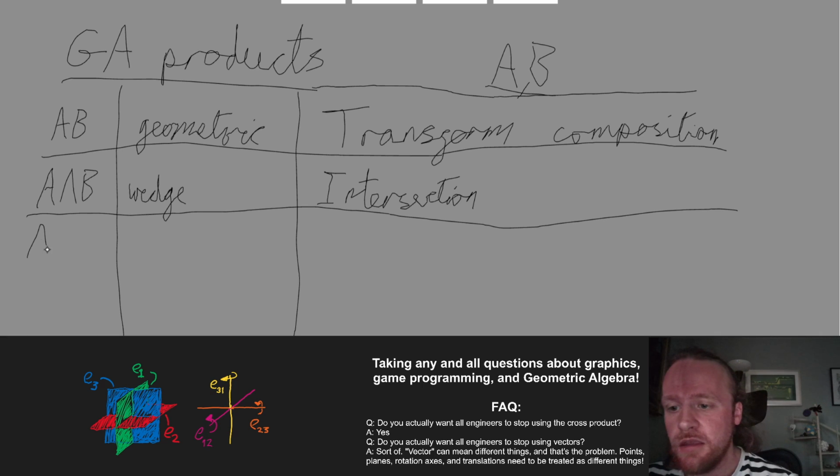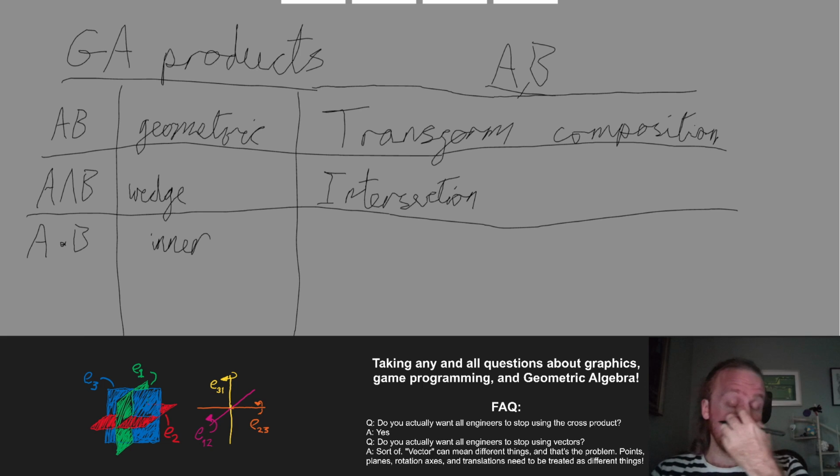Got the inner product, which is basically like the dot product. It does a few things. One of the main things that you use it for is getting angles. To be honest with you, I'll write this out.